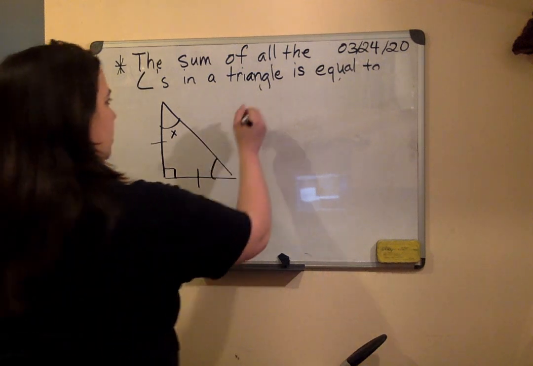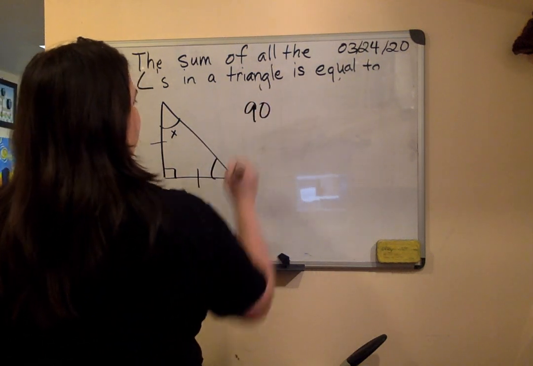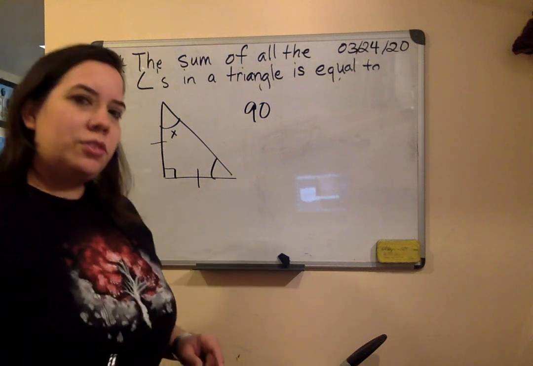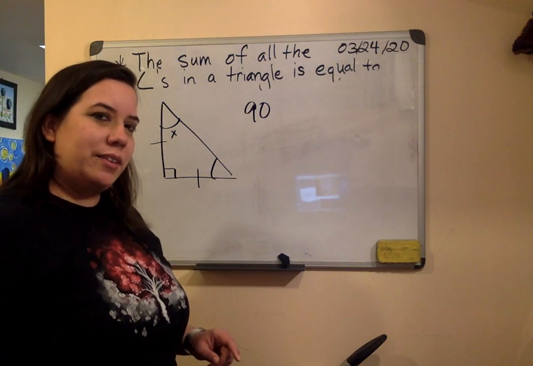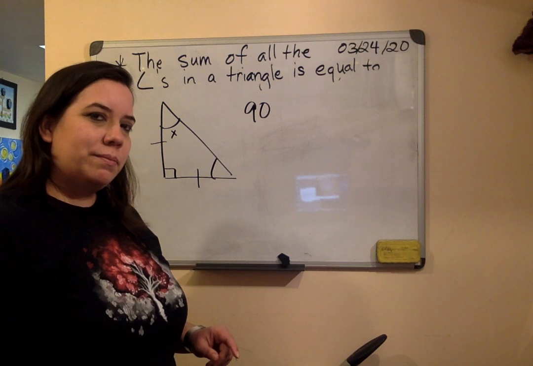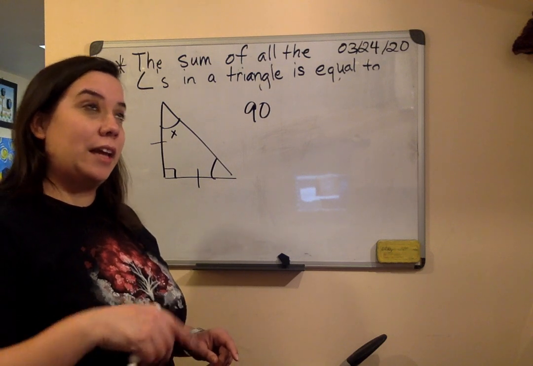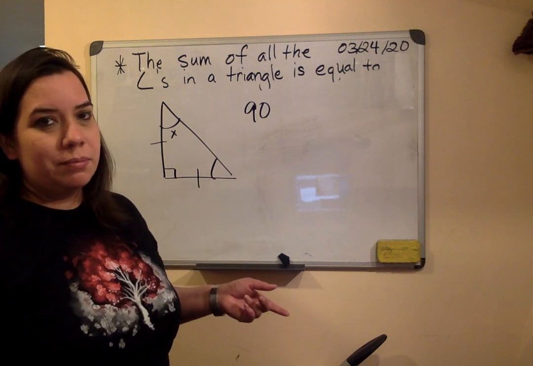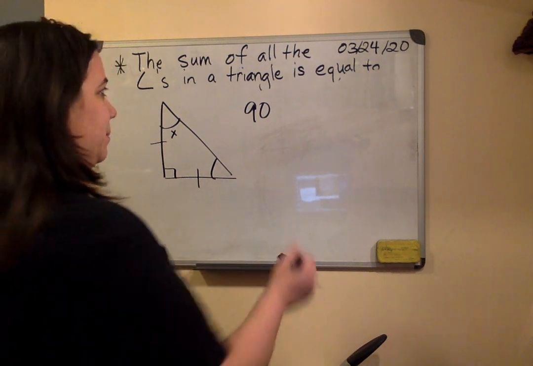I know one angle is definitely 90 degrees. And two angles are equal. So what could we write it as? We could write it as x plus x, because we don't know what it is, and they're equal. Let's go ahead and do that.